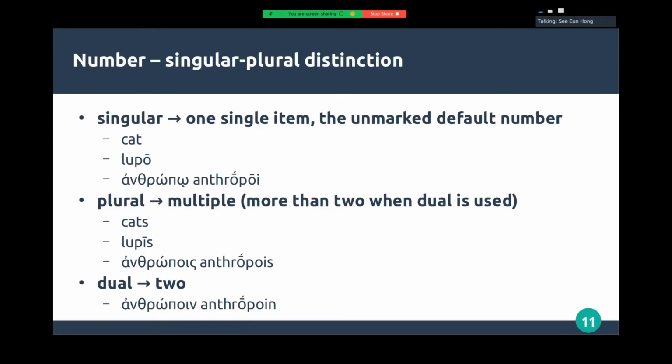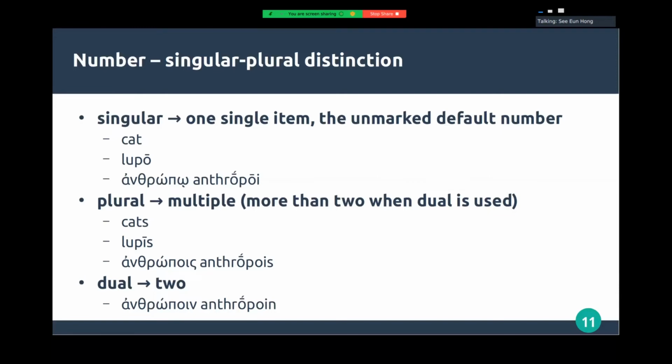And some languages, like classical Greek, have the dual number as well. Dual number refers to two things. So anthropoin would mean for two people or two people. Although in Greek it is not the case, in some languages with the dual number, the plural number would tell us that the thing is more than two instead of more than one, because when it's two, it'd be represented by dual.